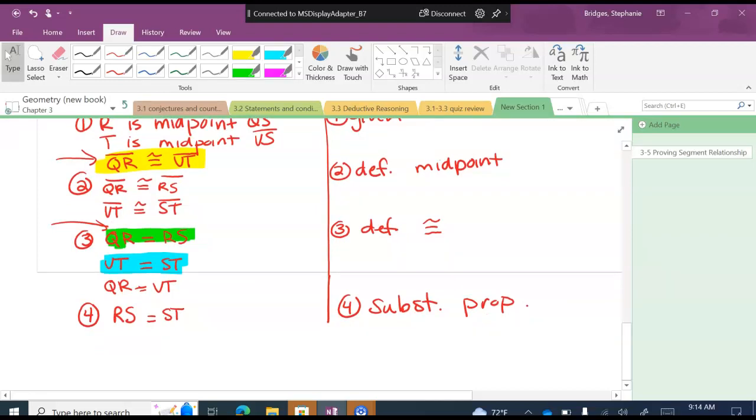Now, isn't ST the same as TS? Yeah, okay. So if I know that they are equal, what can I say next? They are congruent, which is what it wants me to say. I just changed it to TS, so it looks just like what they have. You could keep it as ST if you wanted. Again, I'm not going to give you one like this. Mine are going to be a little bit more straightforward. And this is going to be the definition of congruence. And I'm sorry for messing that one all up.